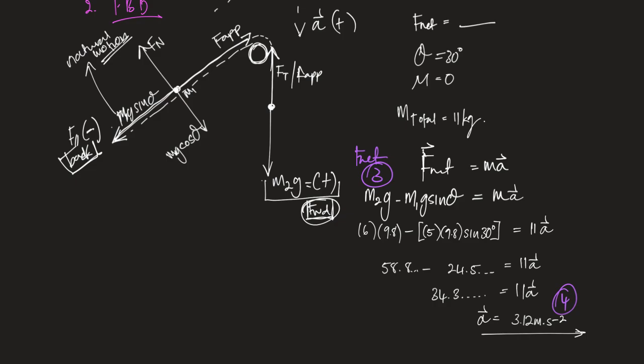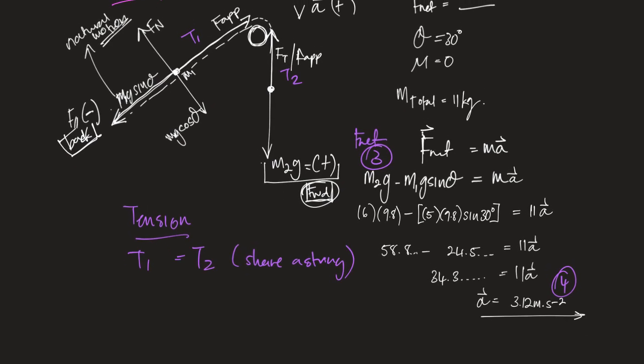The next thing they want is T1 and T2, or the tension in the string. So when I think of tension, essentially, I know that T1, which is here, is equal to T2, which is there. The reason, because they share a string, those forces should be equal to each other. So remember what I said the last time.